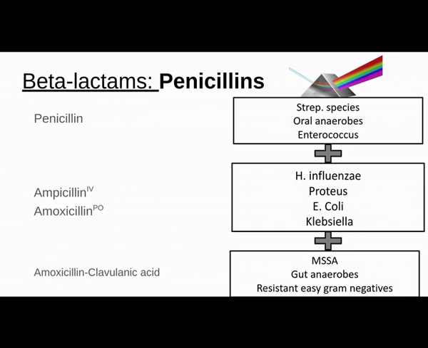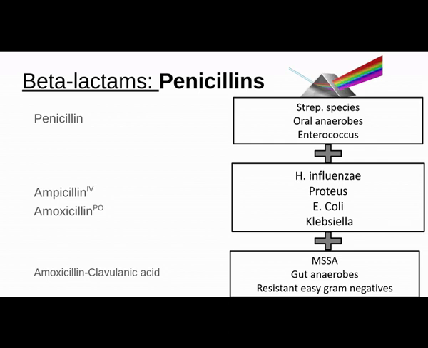You'll learn in your pneumonia lecture that strep pneumo has low-level resistance to amoxicillin, so it requires either high-dose amoxicillin or alternatively amoxiclav. But the mechanism is not by beta-lactamase production, but by mutation of the penicillin-binding protein subtype 2.